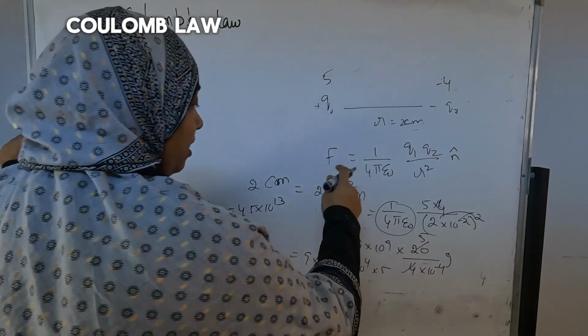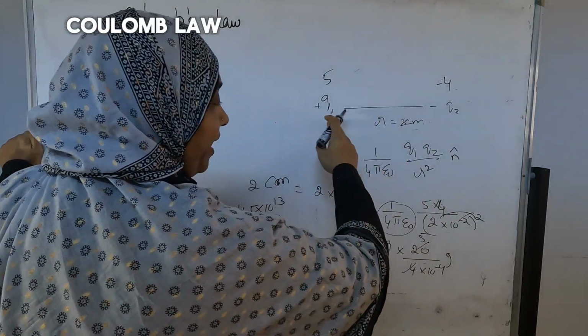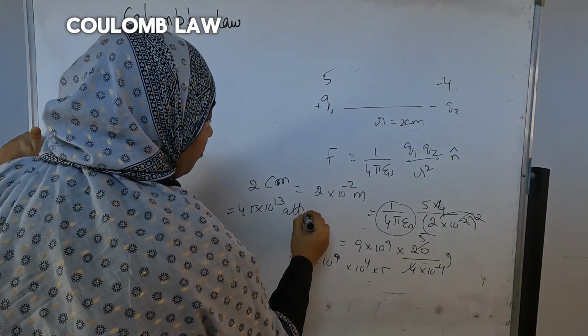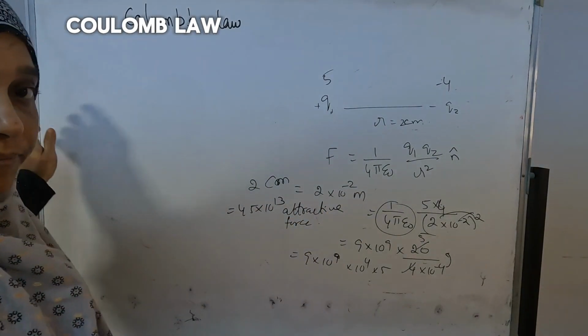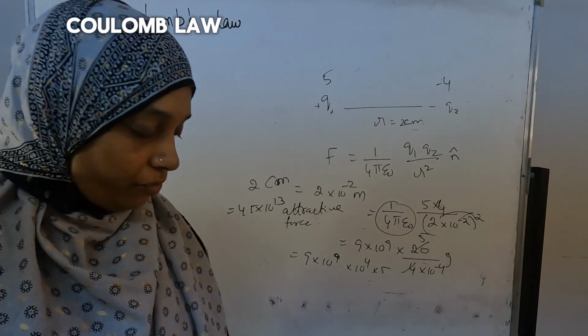In the n cap part, what are you going to write? It is attractive. So, attractive force. Clear?